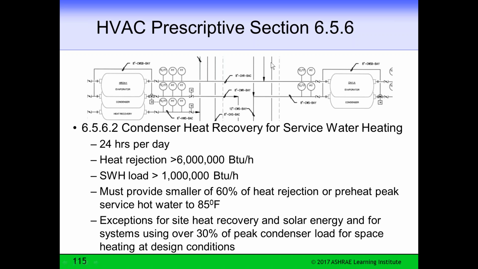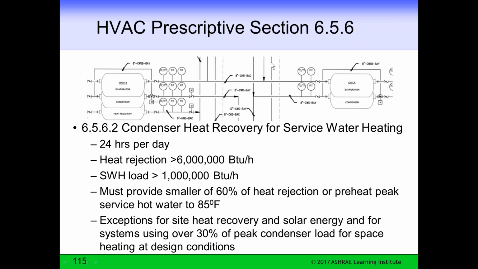I was recently doing a plant that was a pharmaceutical type plant, and they have washdown times. So they use a tremendous amount of service water heating one time a day in the afternoon, between shifts in the evening, where they wash a lot of equipment down.